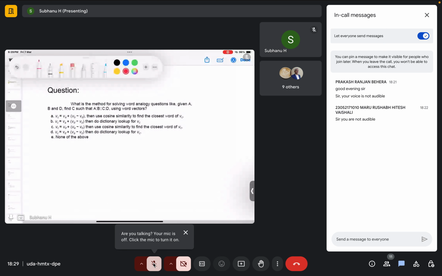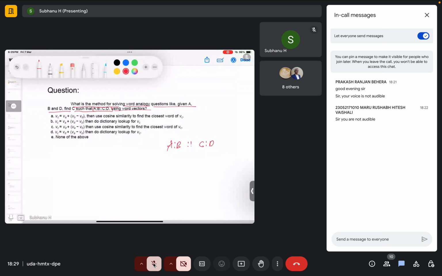So this question is about what is the method for solving word analogy questions, like given A, B, D, find C such that A is to B as C is to D, using word vectors. Can you write your opinion in the chat box?